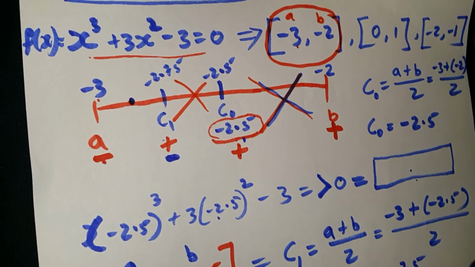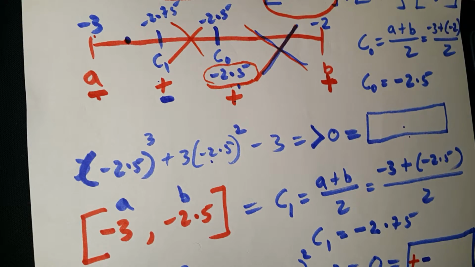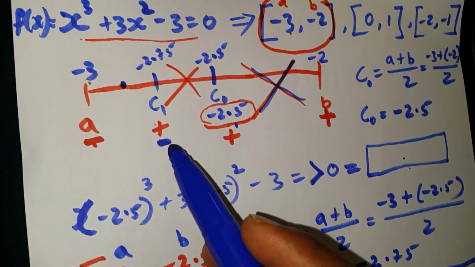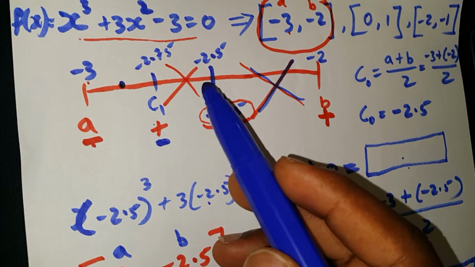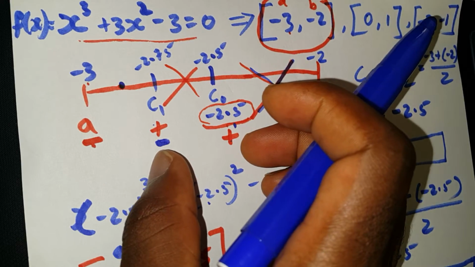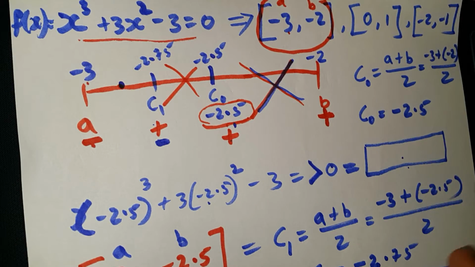You just have to be solving it: find the value of C, put the value of C into the function to know the sign, then cancel out the part that has the same signs. You cancel it out, use the negative and positive signs, and call them A and B. This is the general idea of solving bisection, and this is the easiest way that you can solve bisection very easily.